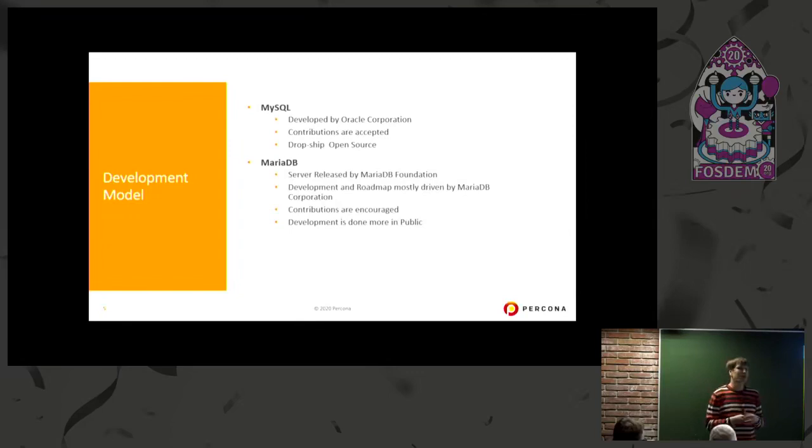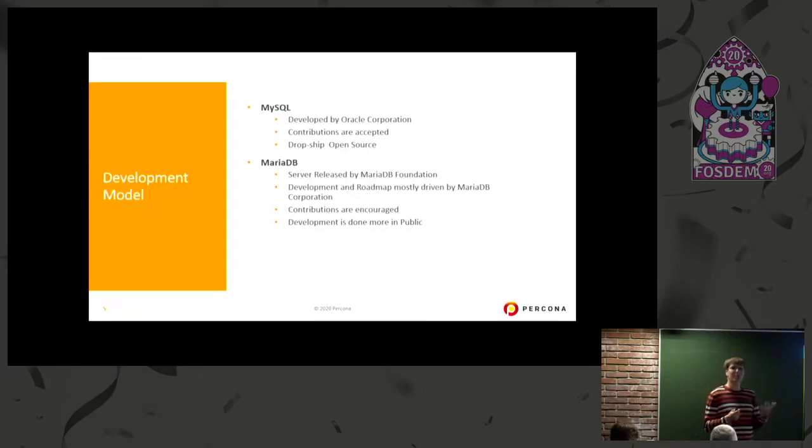If you look at MariaDB, here it is interesting, because with MariaDB there are two involved entities, MariaDB Corporation and MariaDB Foundation, and different components in the ecosystem are owned by those different entities. For example, MariaDB server is released by MariaDB Foundation, and a lot of the development and roadmap, in terms of features which go in, is mostly driven by MariaDB Corporation.